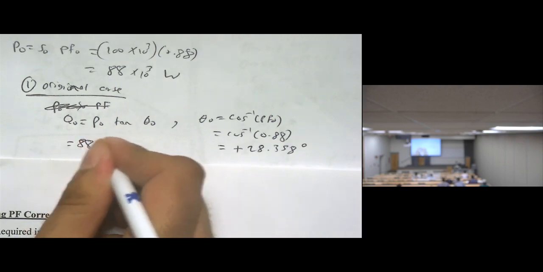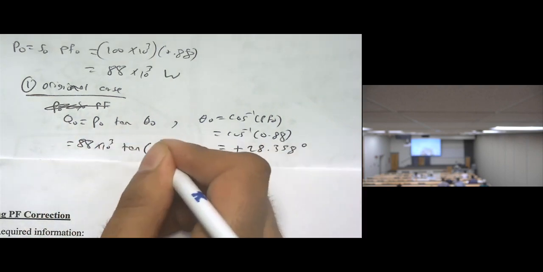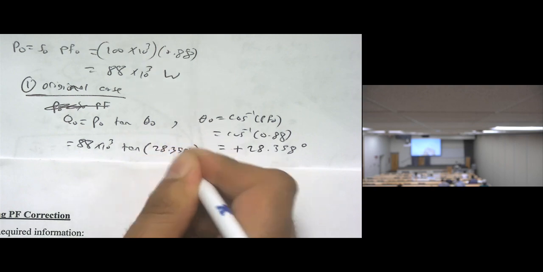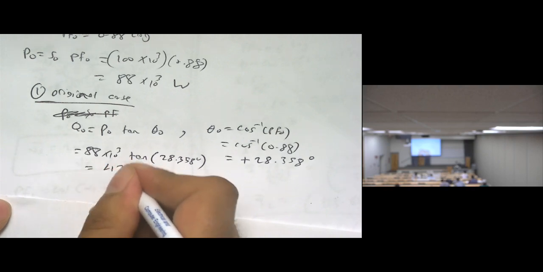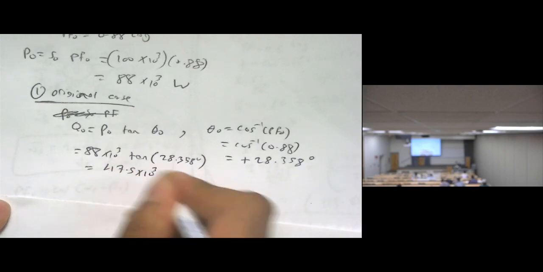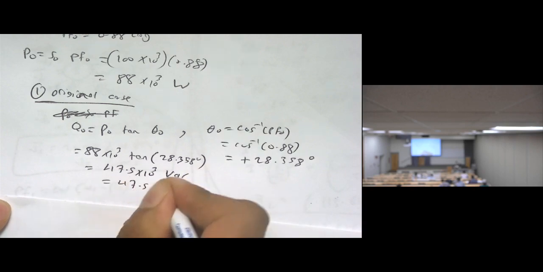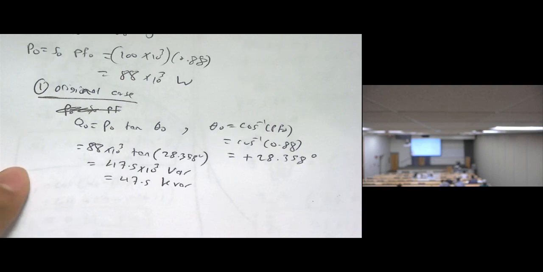So it's going to be 88 times 10 power 3 times tan of 28.358 degrees. Then the answer will be 47.5 times 10 power 3 var, or in other words 47.5 kilovar. Okay? Is that clear?